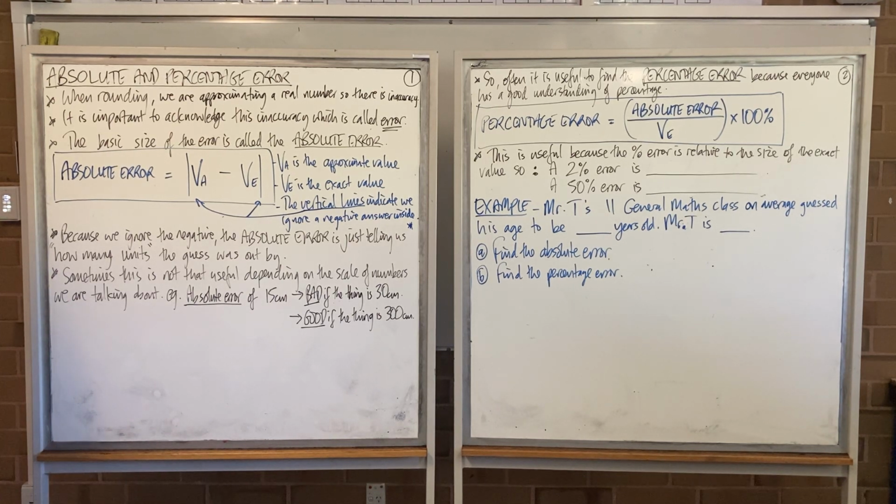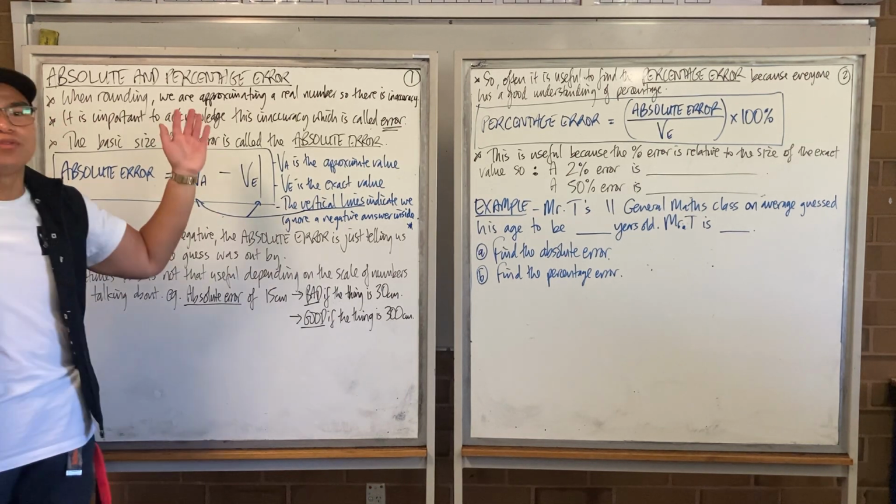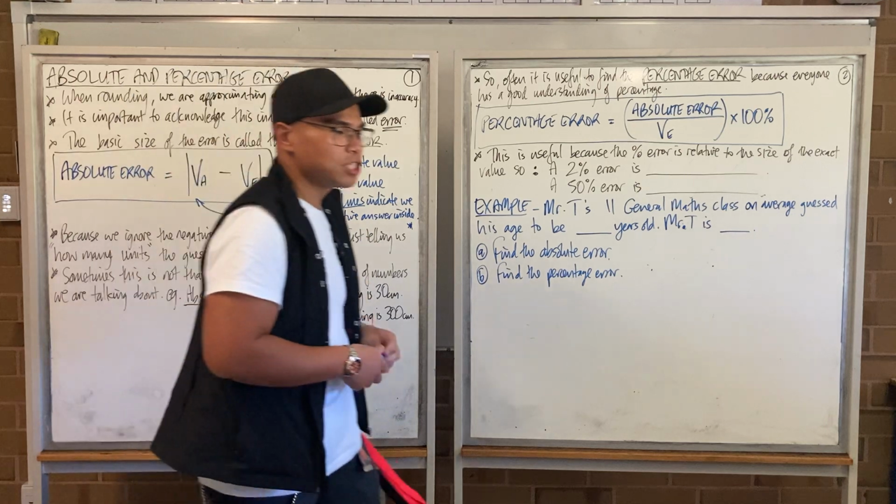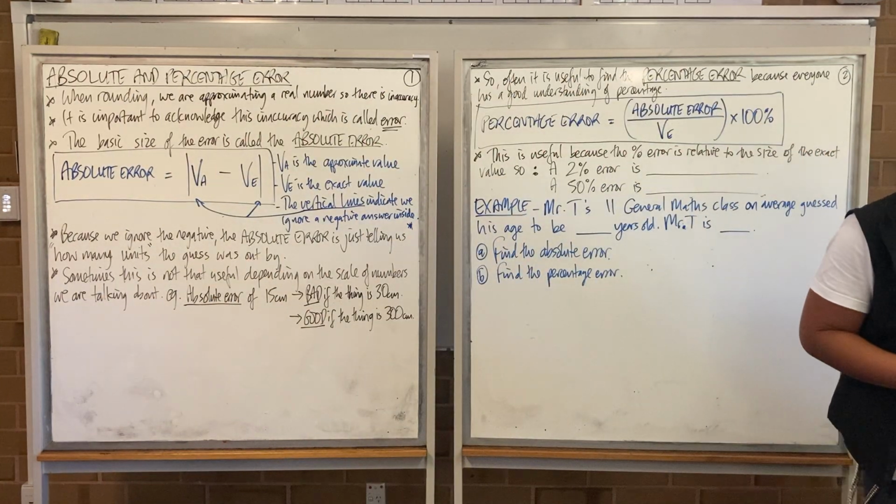Because 15 centimeters is pretty wrong if you're talking about the size of an Easter bunny chocolate, but it's not that bad if we're talking about the size of a room, okay? So that's where percentage error comes in. Why? Because everyone has a pretty good understanding of percentage.